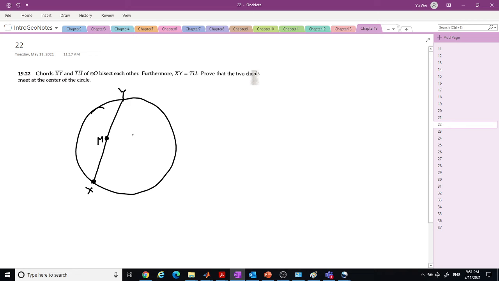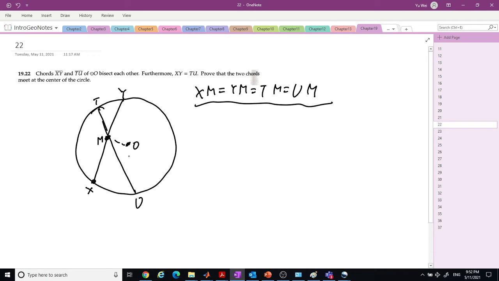Let's see, this is the center M, and this is the center, right? Okay, so here tu has a midpoint. So we know xm equals ym equals tm equals um, right? This is what we know.